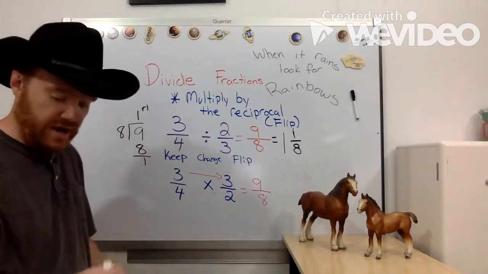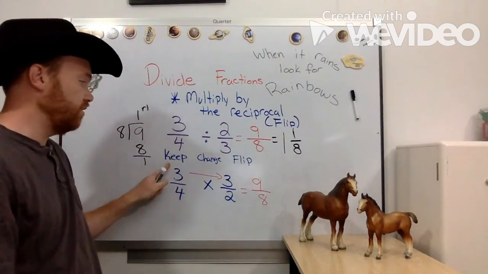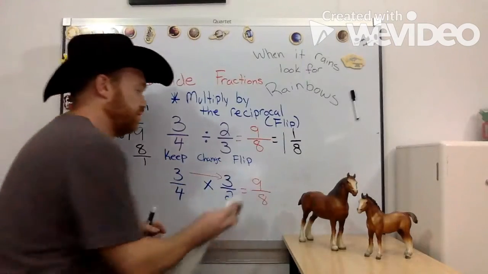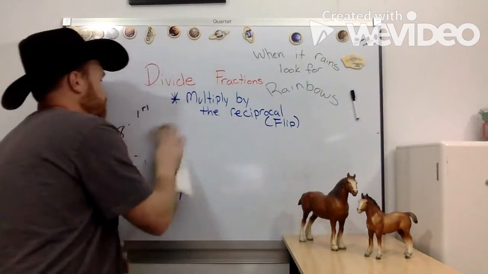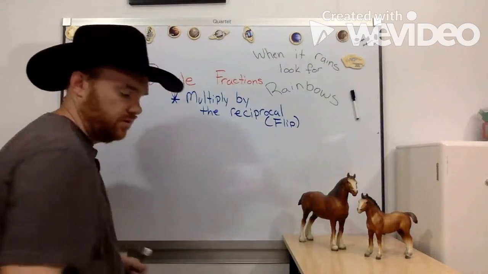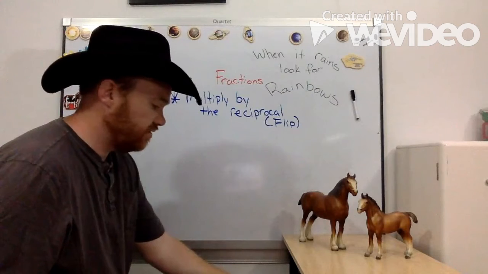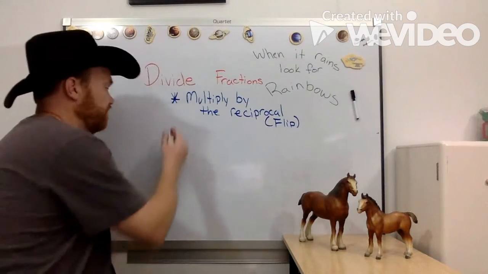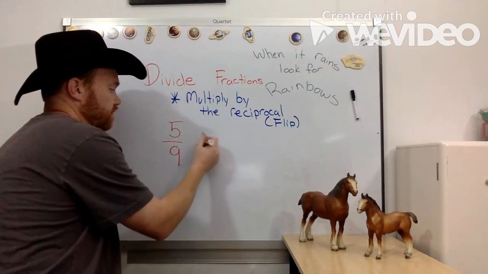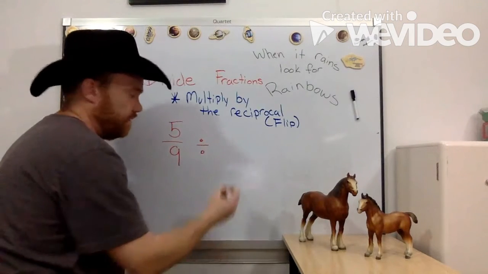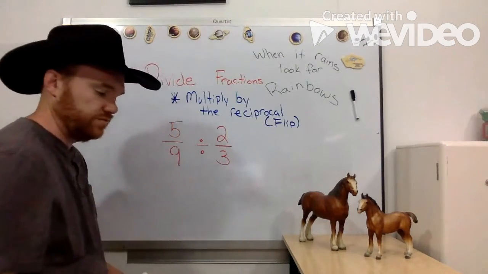All right, I'm going to do another example. Remember our key rule, keep, change, flip. And I'll give you a chance to pause during this one, so you can go ahead and pause and try this one on your own. For this one, we're going to do 5/9 divided by 2/3.